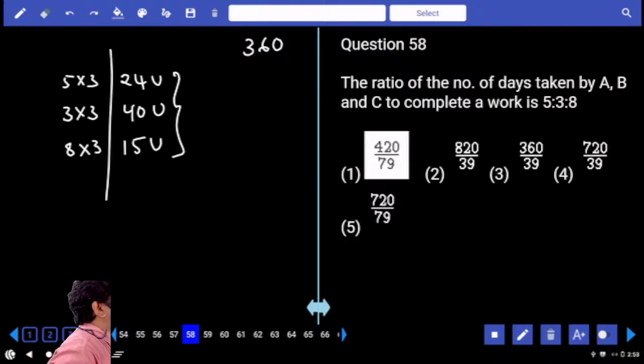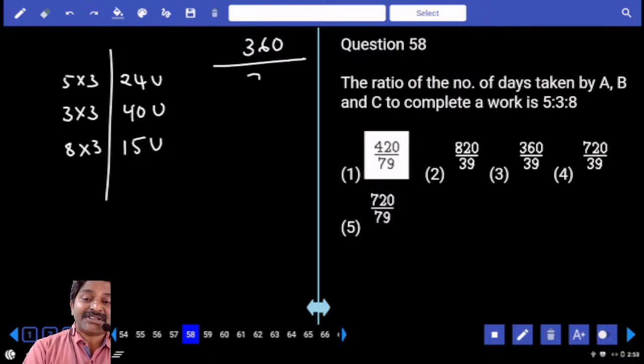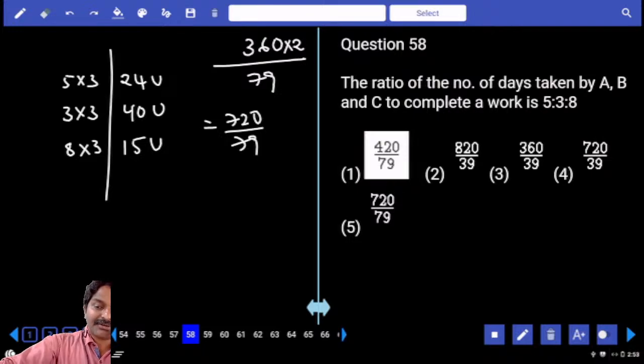If all of them are working together, they will work with 79 units of work. But now they are working with half of their efficiency, 79 by 2 comes to numerator. So time taken is going to be 720 by 79, fourth option. Fifth option, final answer.